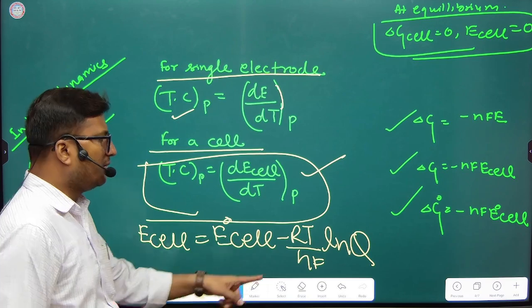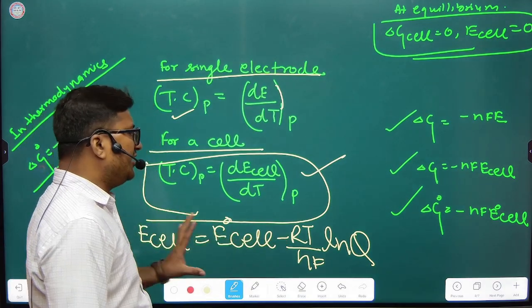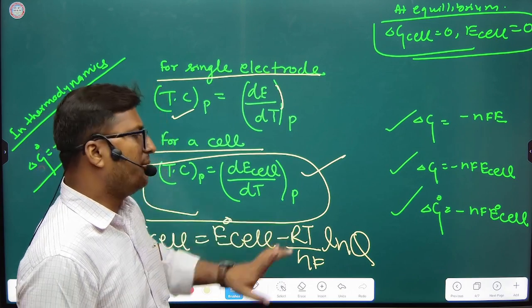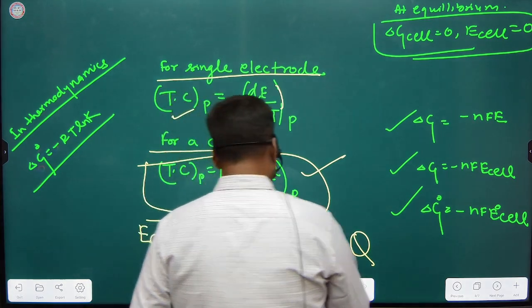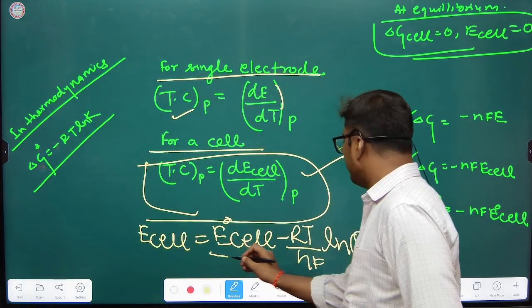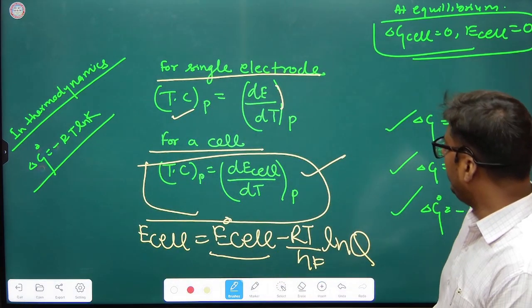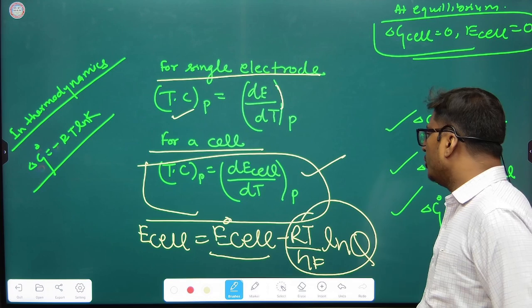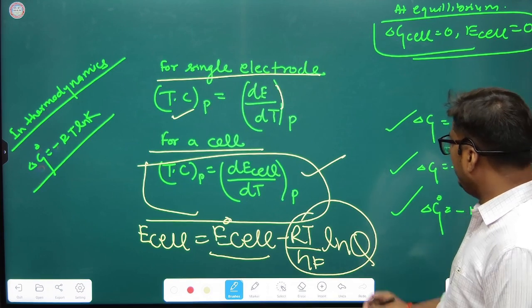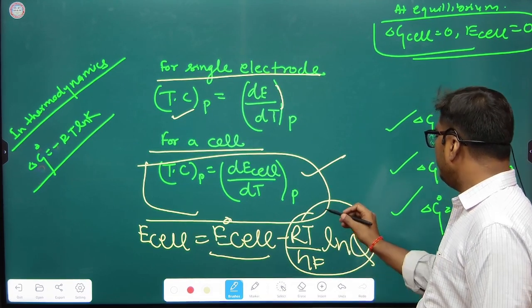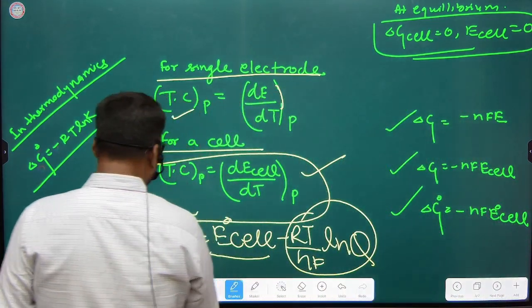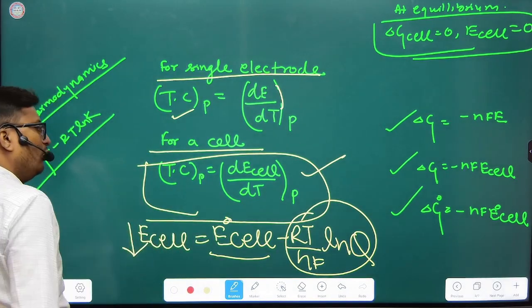Here we observe that E cell is directly related to the temperature. It has two parts: the standard reduction potential of the cell, and these other parameters. If you increase the temperature, overall these values will be high and E cell will be low.